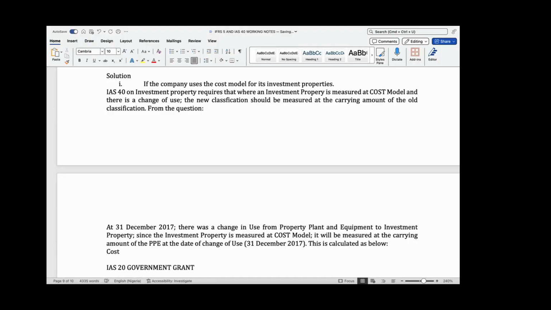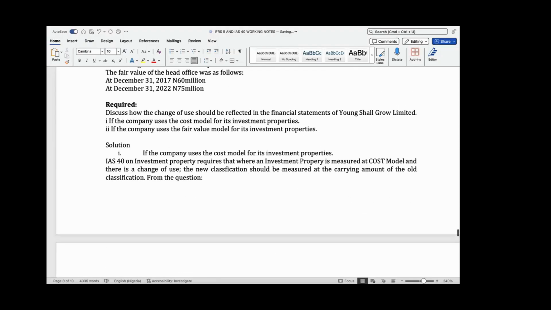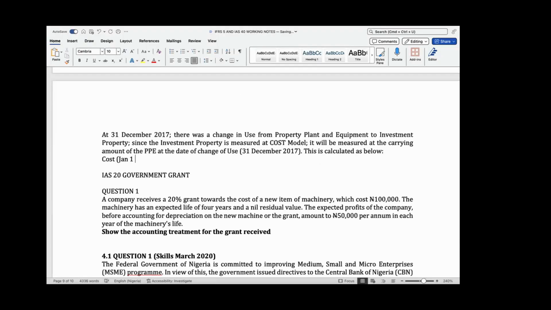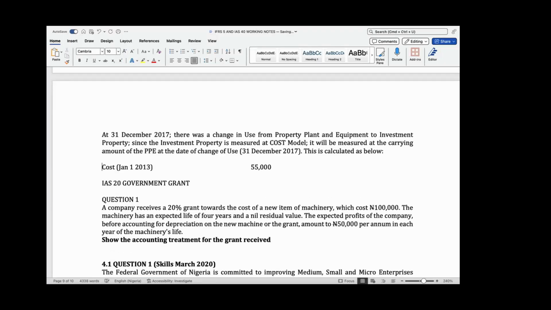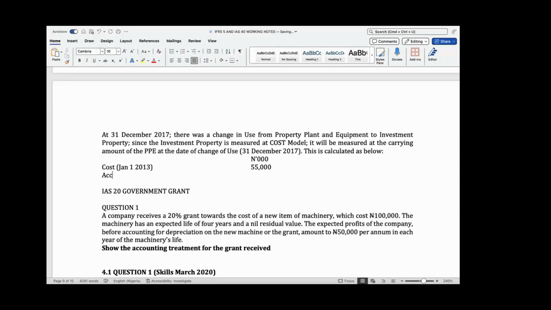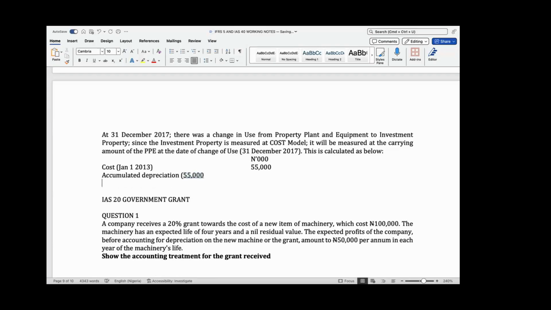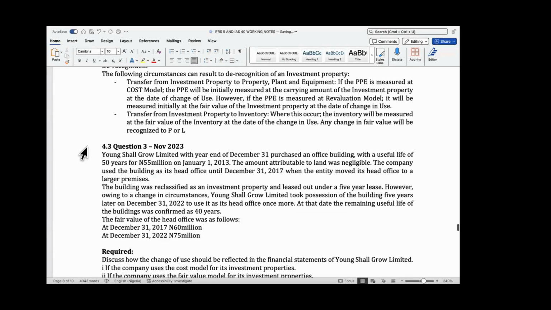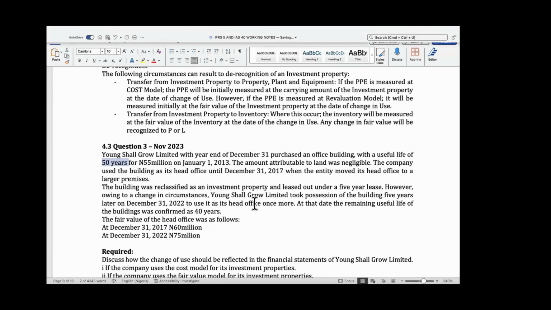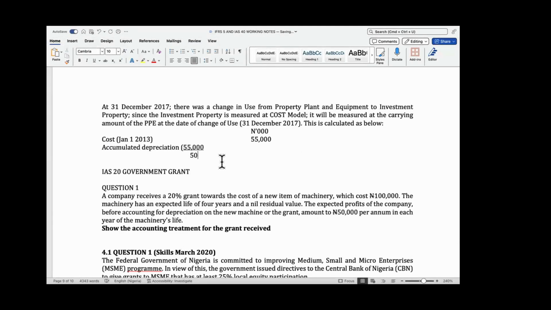So what was the cost of the assets as at when we bought it? 55 million. Minus accumulated depreciation, which is 55 million, divided by, what's the useful life? 50 years.